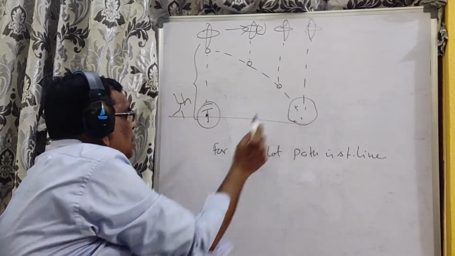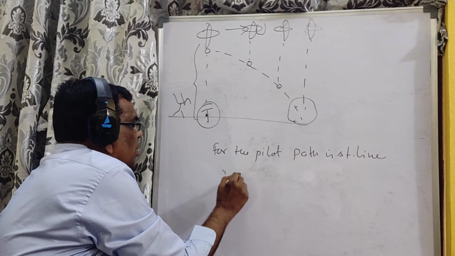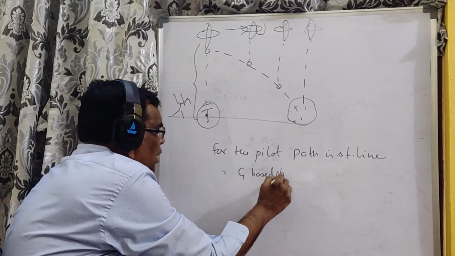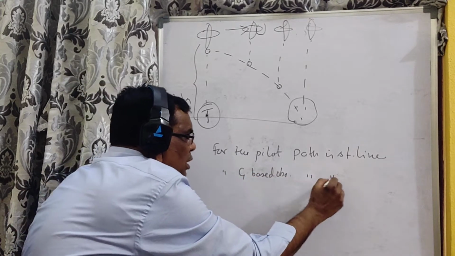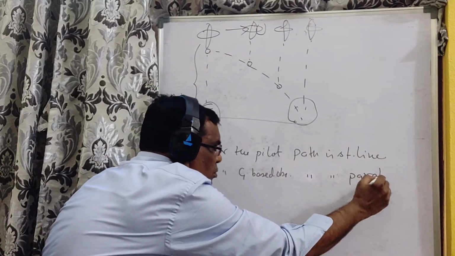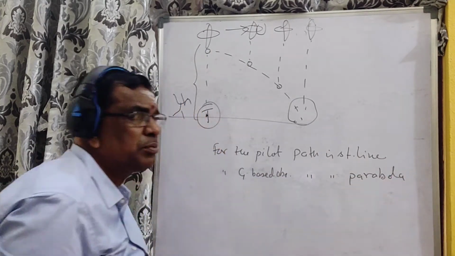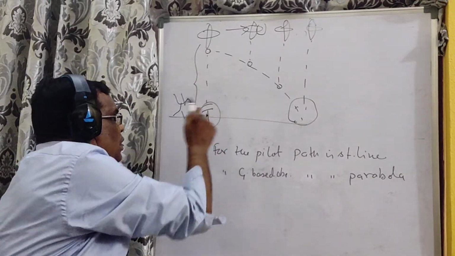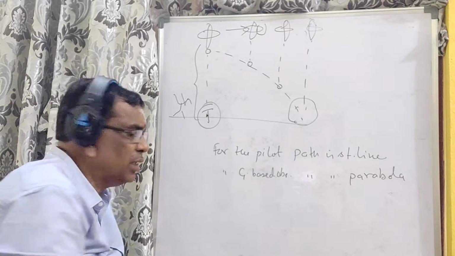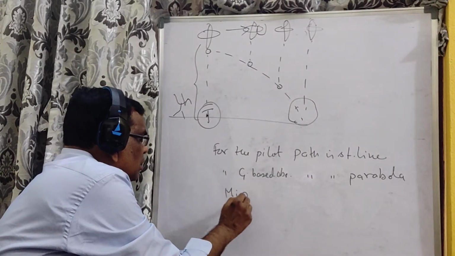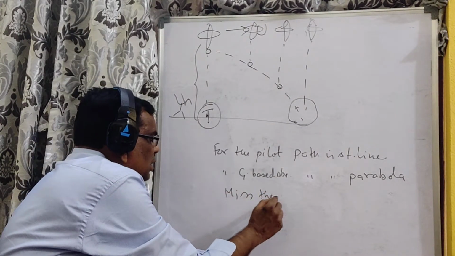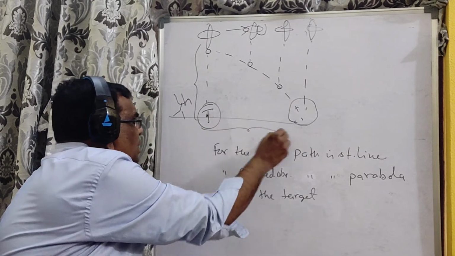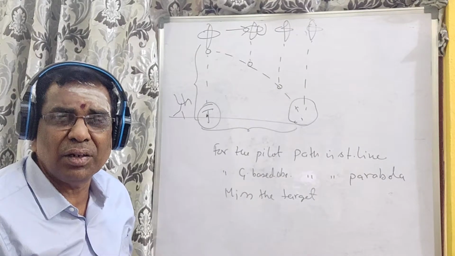For the ground-based observer, the path is a parabola, same as a projectile, and it will obviously miss the target. By what distance does it miss the target?